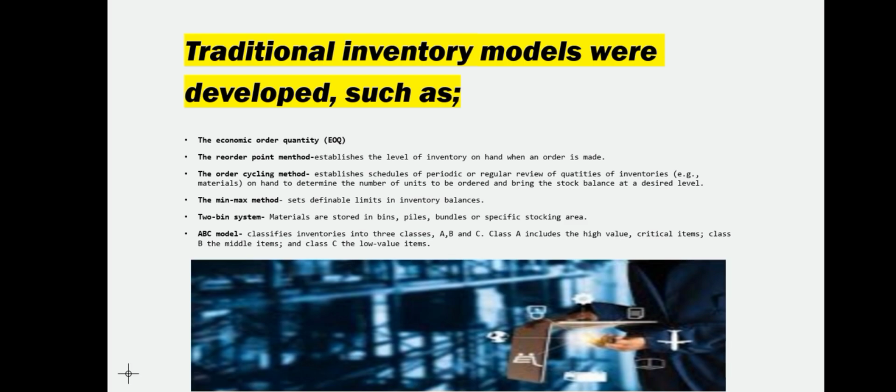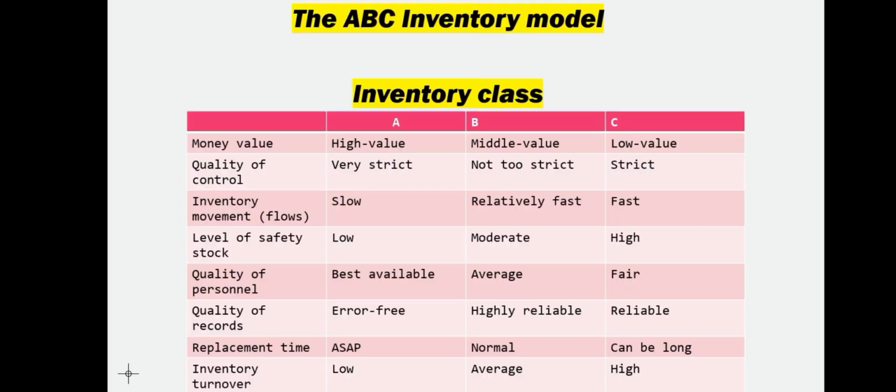And the ABC model classifies inventories into three classifications, which are A, B, and C. Class A includes the high value critical items, Class B is the middle, and Class C is the low value items. So that is the ABC inventory model.